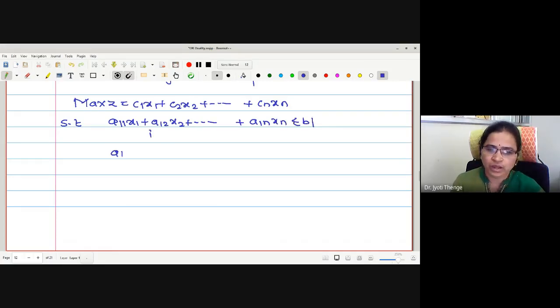Continue AK1 x1, AK2 x2, AKN xn less than or equals to BK.